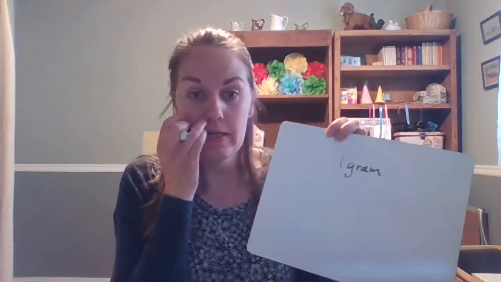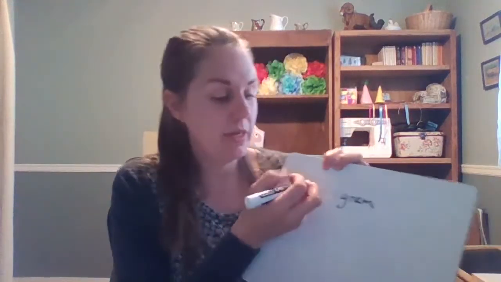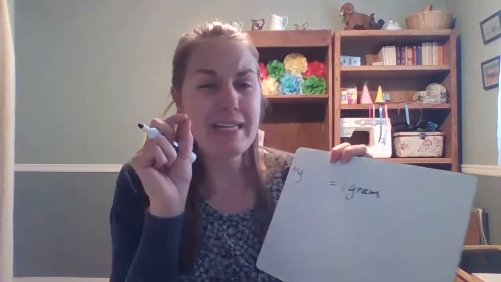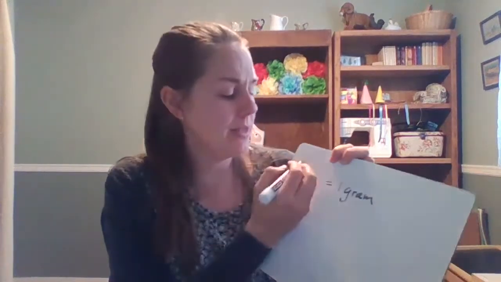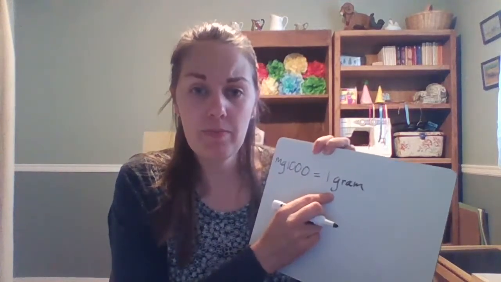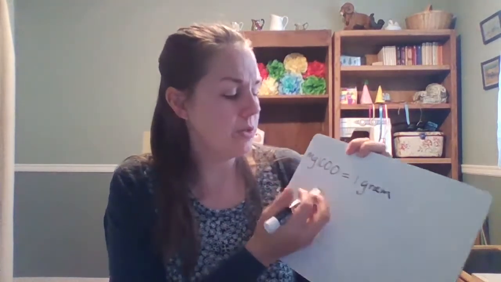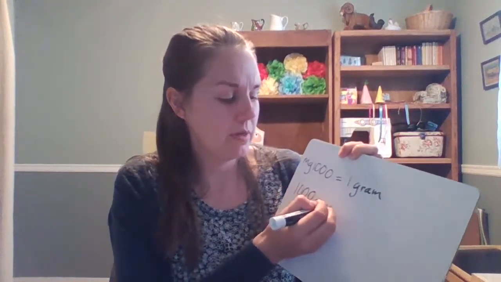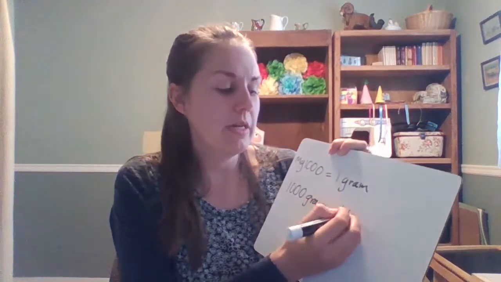In this case, a gram is our unit of measurement. We could have milligrams, which are so tiny because 1,000 of them make up 1 gram. But then we also have 1,000 grams is equal to 1 kilogram.